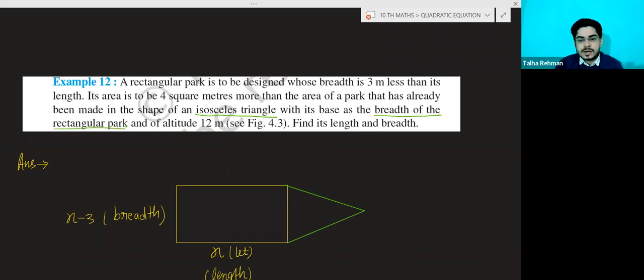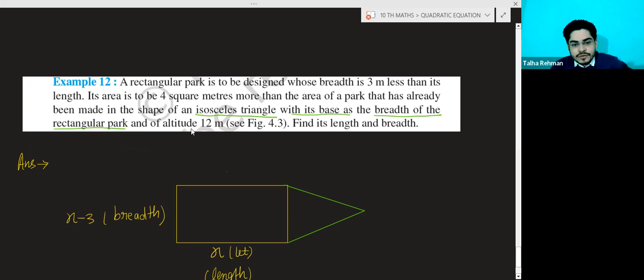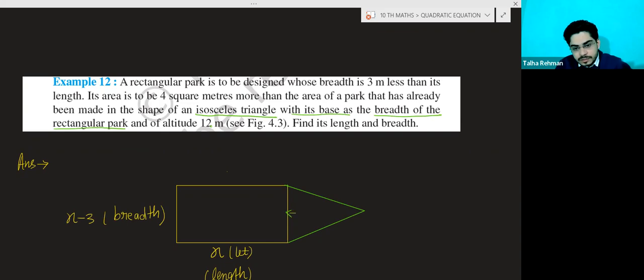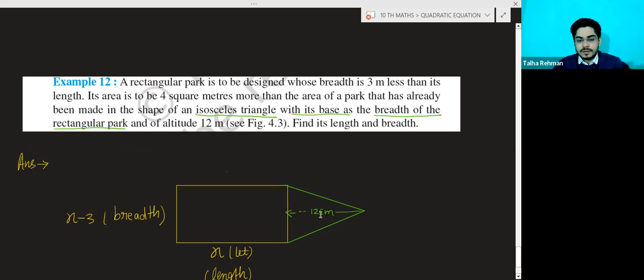And they are saying it has an altitude of 12 centimeter. Altitude means this distance is 12 centimeter. This is the altitude, no? This will be 12 centimeter of this triangular park.